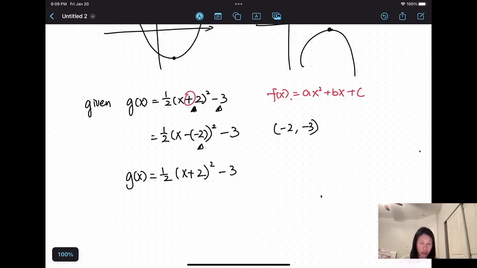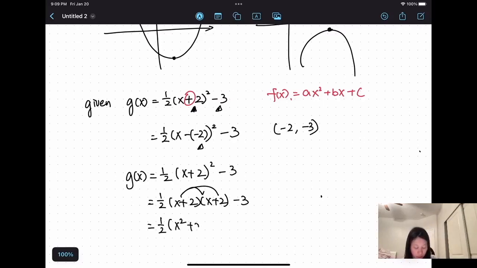So let's expand (x plus 2) squared, which is (x plus 2) times (x plus 2), and then we use FOIL. We get 1/2 times (x squared plus 2x plus 2x plus 4) minus 3.